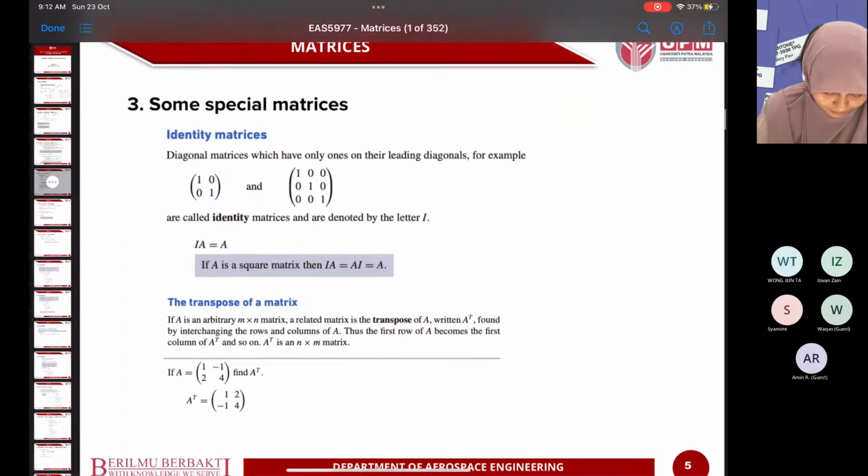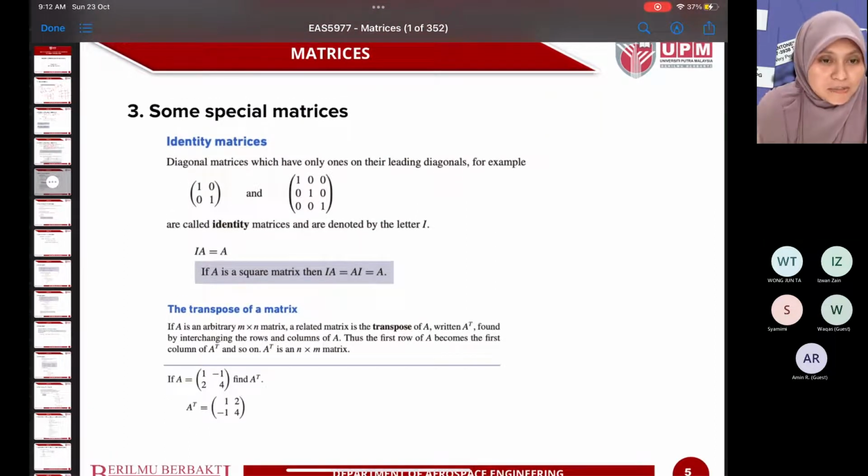Okay, some special matrices. Some definitions for matrices. We have what we call the identity matrix. So what is the identity matrix? It is a square matrix.